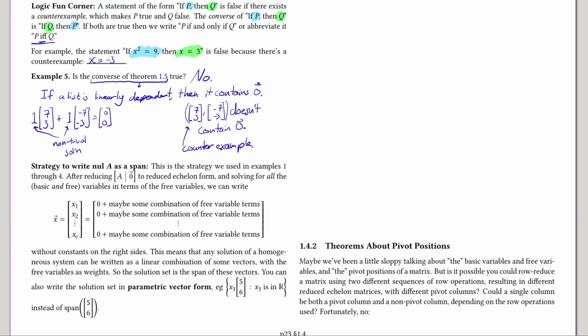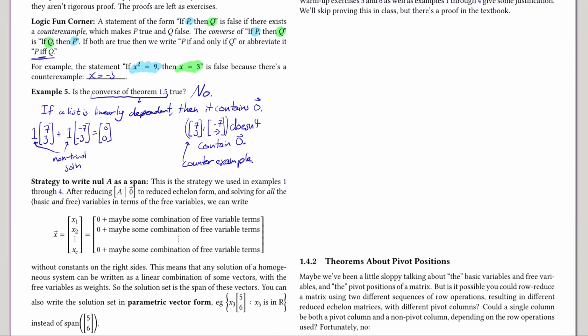Okay, now is actually the time. This is already a long video, I know, but now is actually the time to talk a little bit about the strategy to write the null space of a matrix as a span. We already used this in examples 1 through 4.